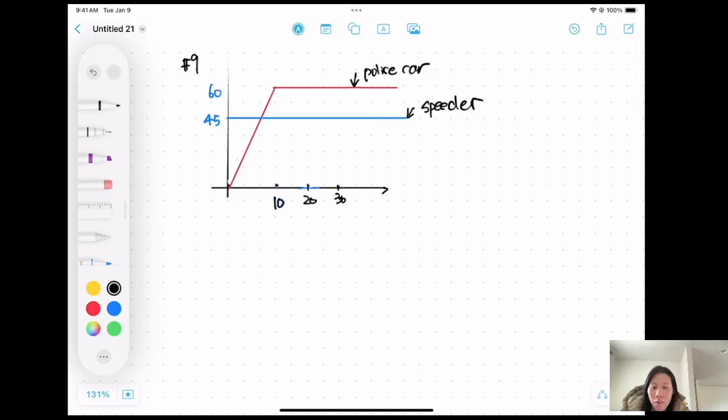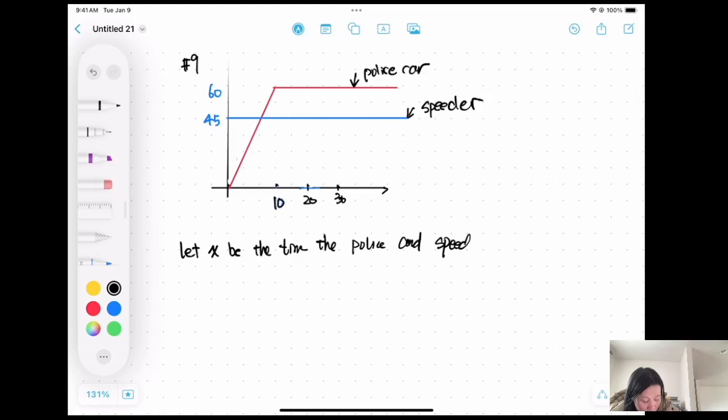And then how long and how far before the police car catches the speeder who continues to travel 45 miles per hour. When you catch them, that means your distances are the same. For the speeder, the distance is very easy to calculate. Let x be the time the police catch the speeder.